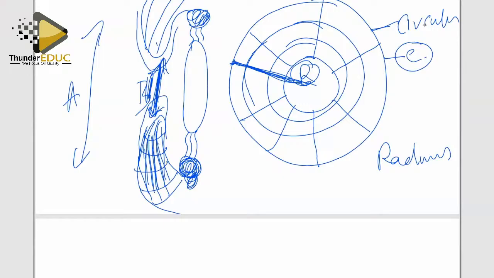That's how the iris also works. When these muscles try to contract, they push the iris together, and then the space between the two closes.